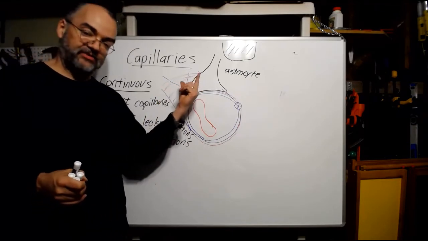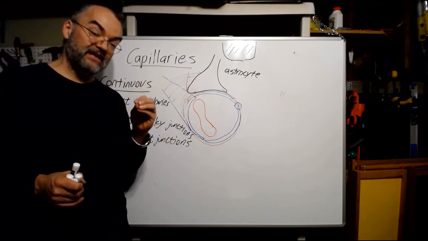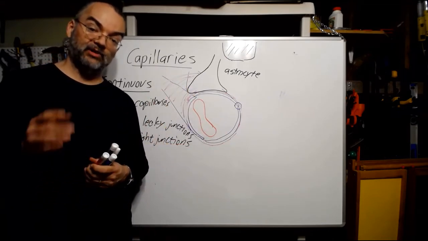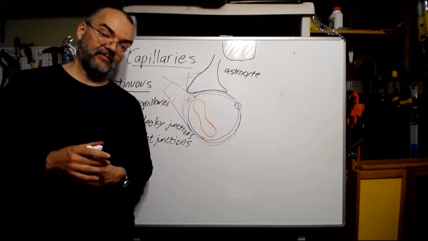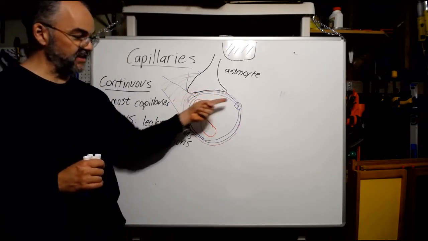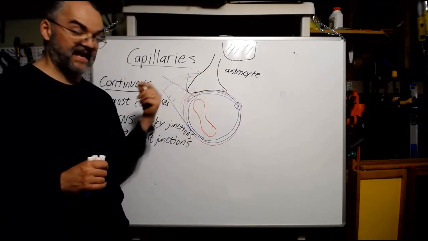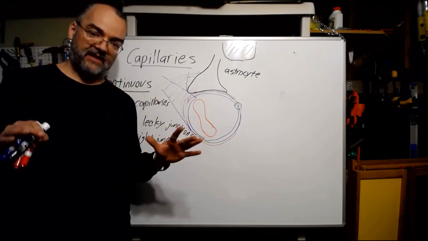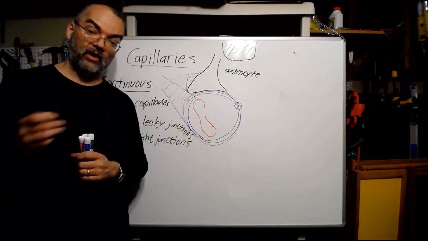That actually helps to make sure that only things that we really want to move get out of the blood and into the brain. When you've heard people talk about the blood-brain barrier, that's what we're talking about. Both changes in the endothelial cells and how they're joined, and the astrocytes in the brain and the spinal cord create a sealed capillary where we control much more carefully what gets in and out.